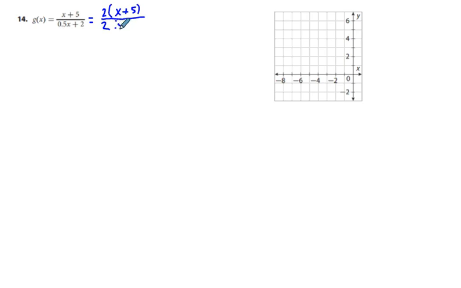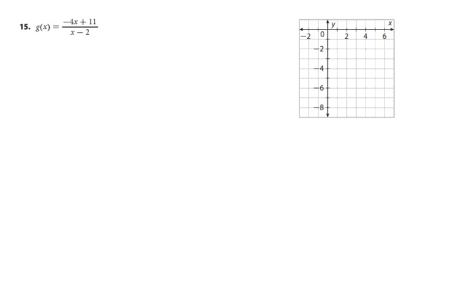Then 0.5x plus 2, what that will do is turn us into 2x plus 10 over x plus 2 down here. So that could make your life easier.